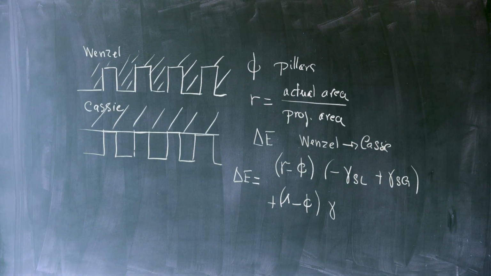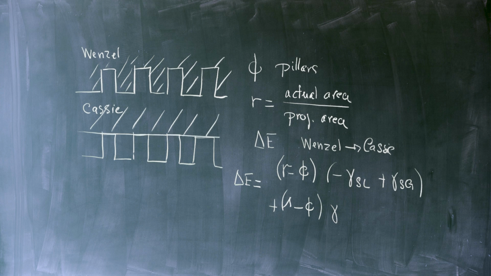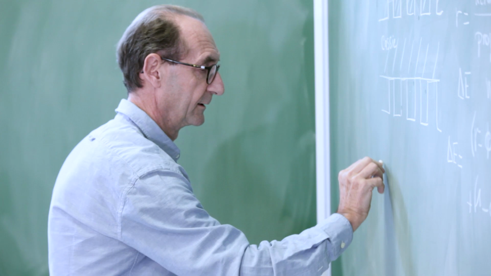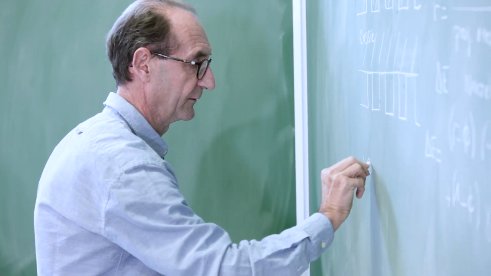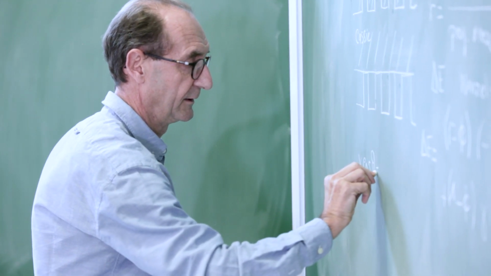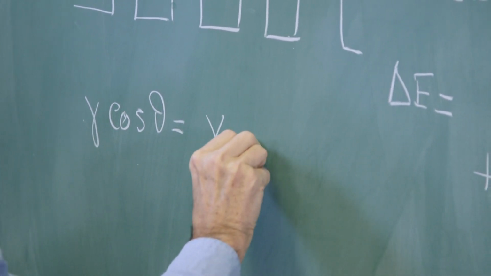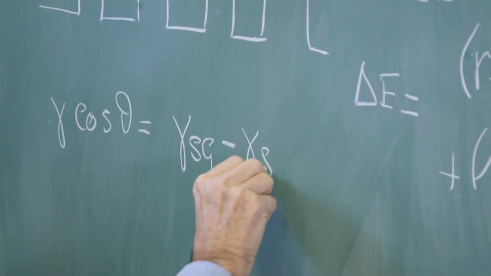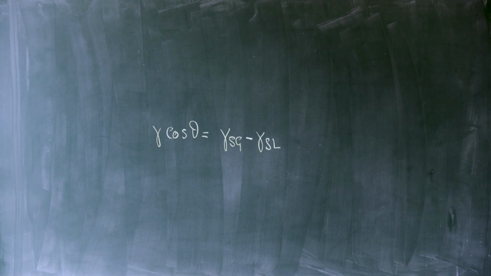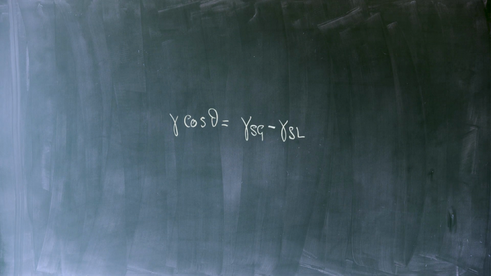Now, I have to consider that the substrate is characterized at the microscopic level by a contact angle theta, which is such that gamma times cosine theta is equal to gamma solid-gas minus gamma solid-liquid, which is just Young's relation for this material.